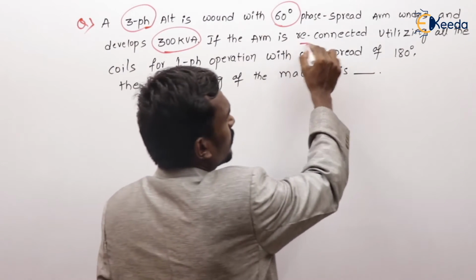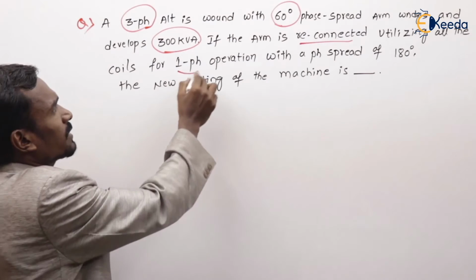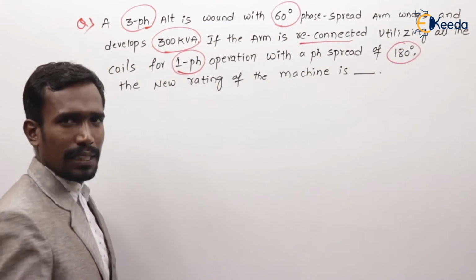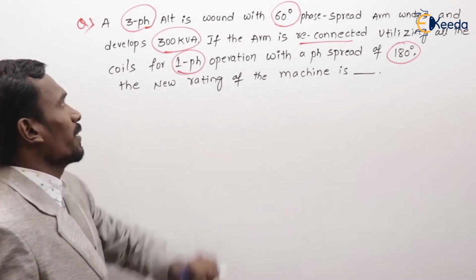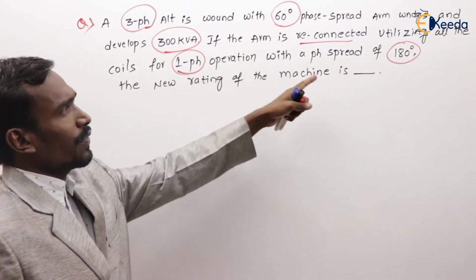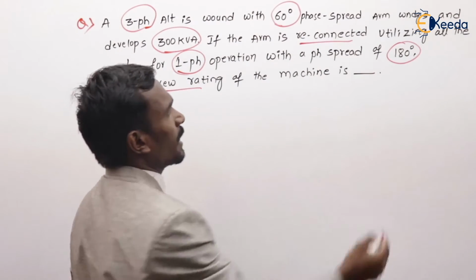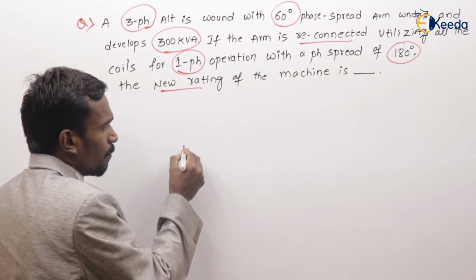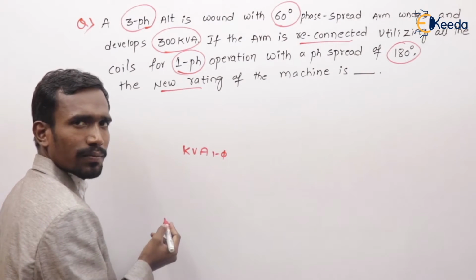If the armature is reconnected to utilize all the coils for single phase operation with a 180-degree phase spread, then what is the new rating of the alternator? Nothing but we have to find the kVA for single phase.